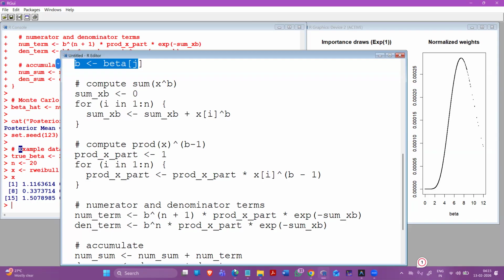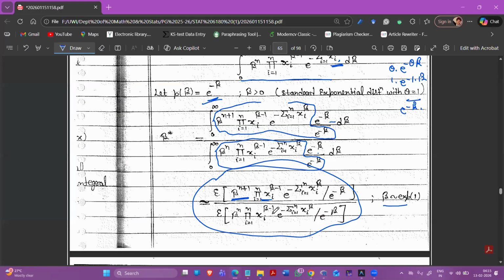Here, if you see what we are doing, you will put one value of beta here, but for that you need to multiply 20 values of your xi, yes or no? And then you need to find the sum of xi also, right? After that, for the second value of beta, again you need to multiply, because it will change every single time, since beta is in the power, yes or no?